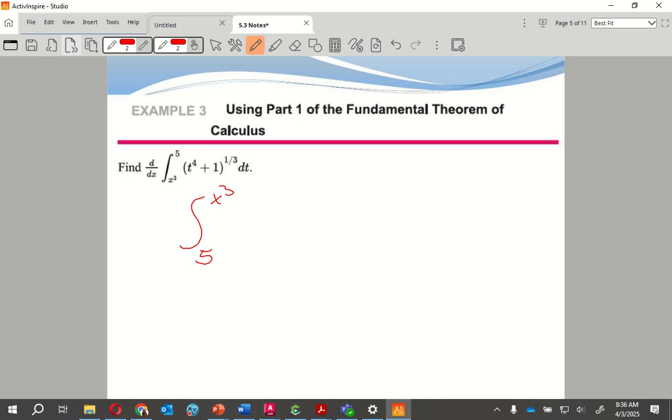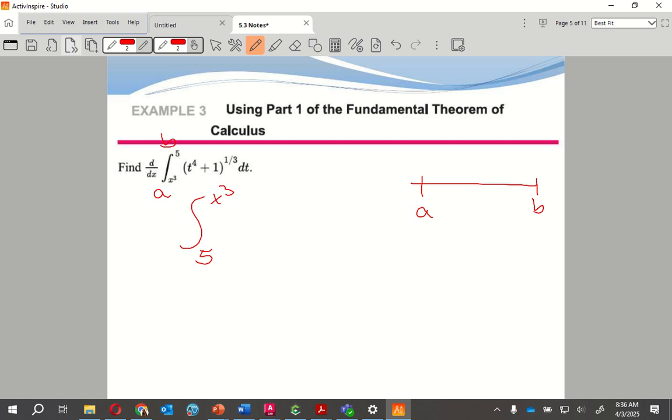So the bounds from A to B, if I have my number line here from A to B, how would I tell it? Because this is my A and this is my B. To change this to go from A to B, but instead go from B to A, what would I need to do?